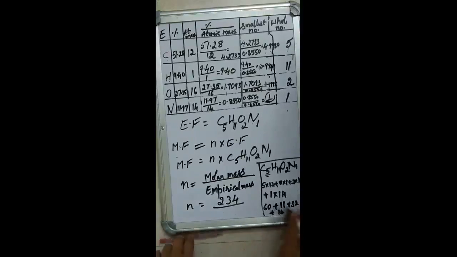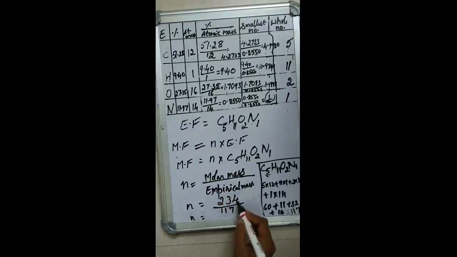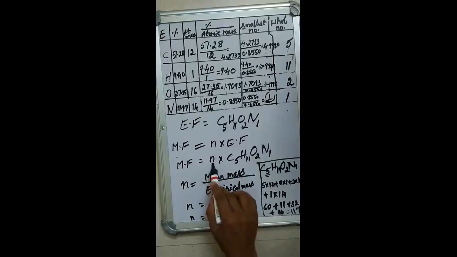If you add these numbers, you get 117. This is the empirical mass. So I will substitute it: 234 divided by 117 is 2. So I got the value of n as 2.